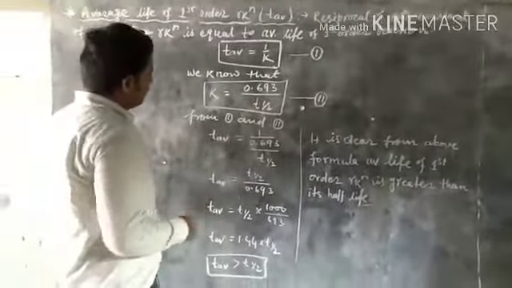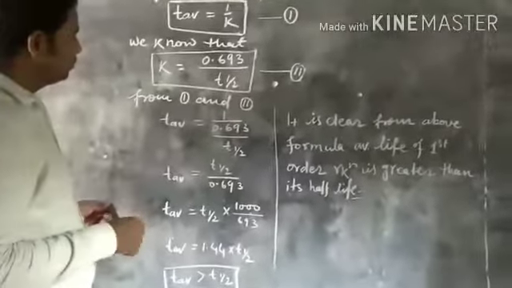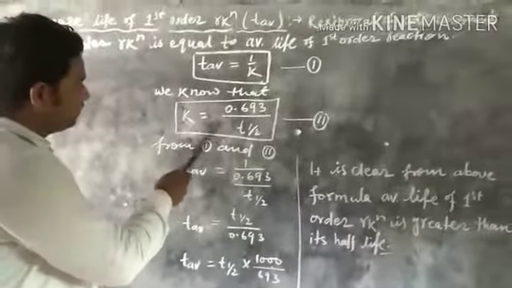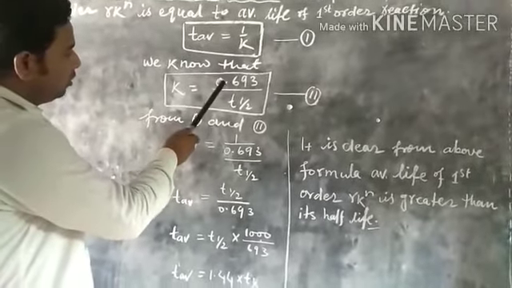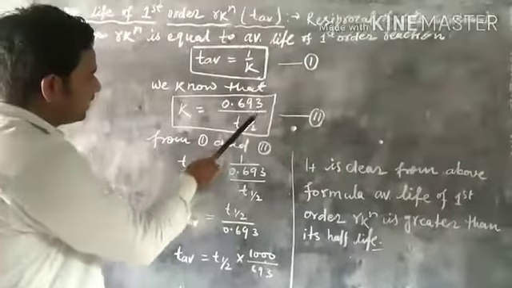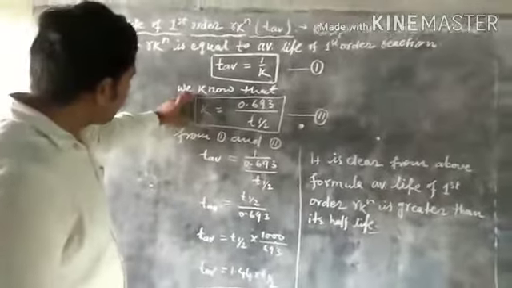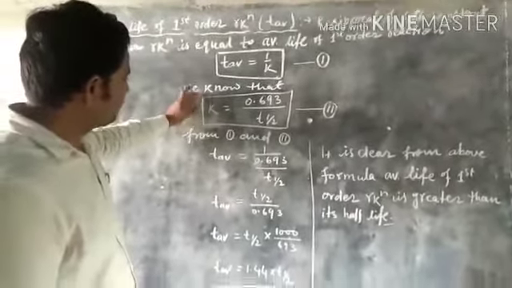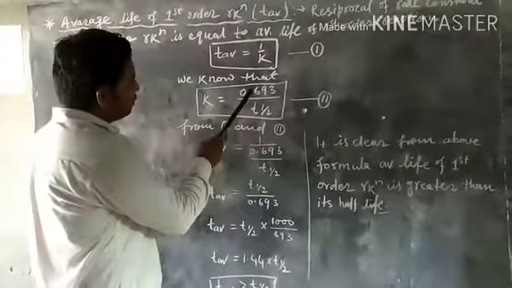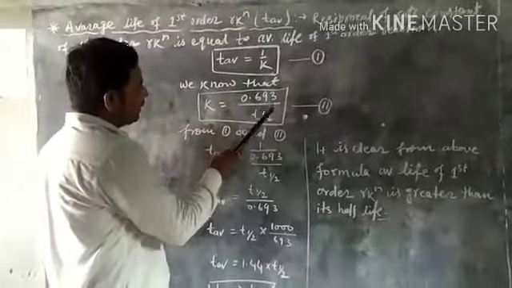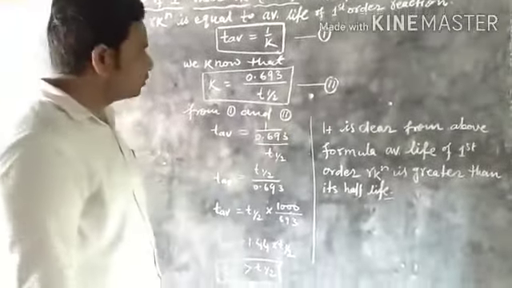And from first order reaction, we know T half equal to 0.693 by K. So from half-life of first order reaction, we can calculate K equal to 0.693 by T half, and it is considered equation number 2.